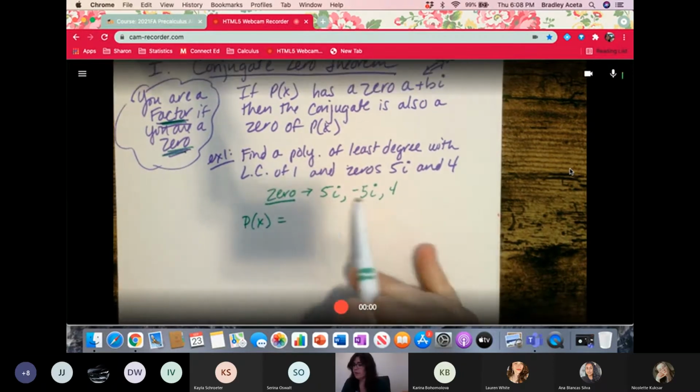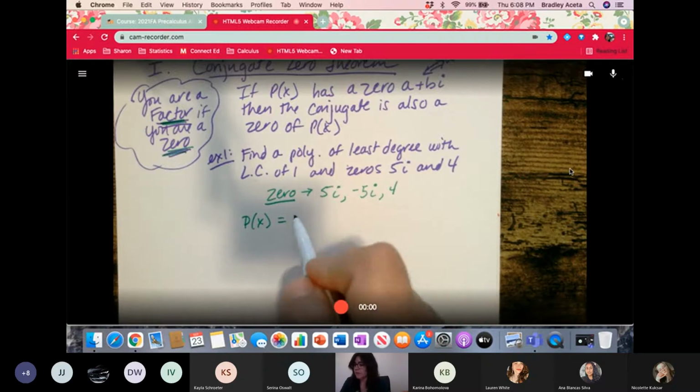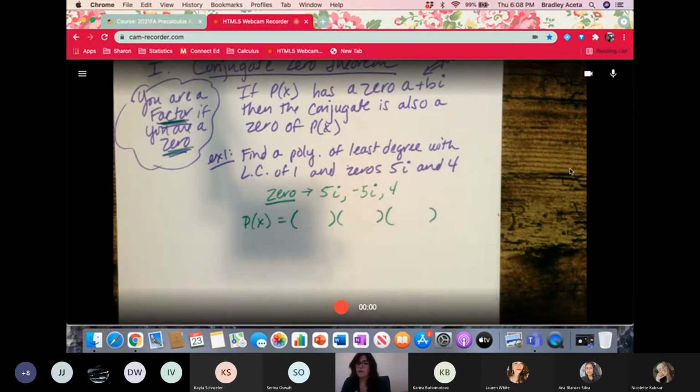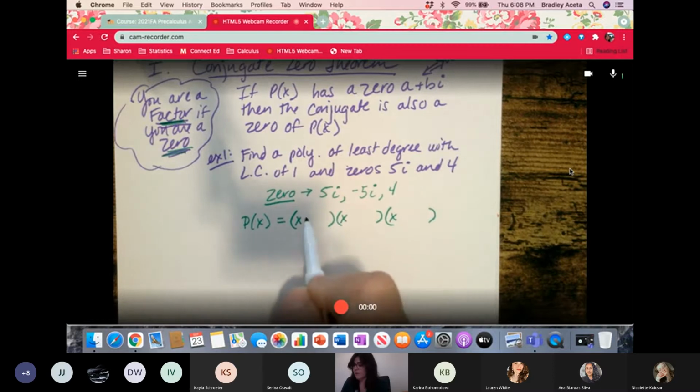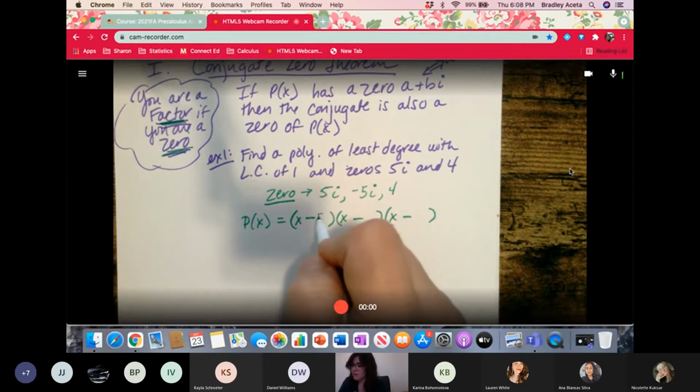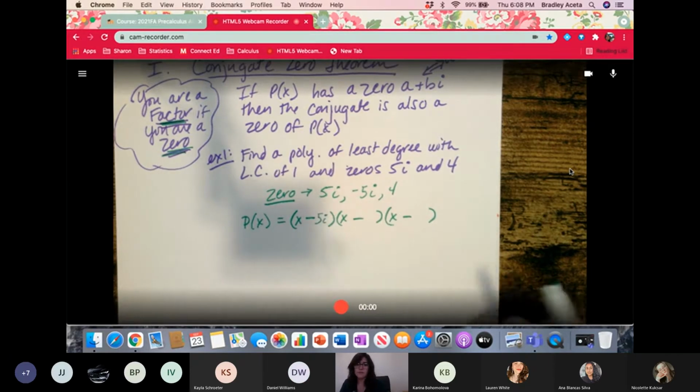So if I have 1, 2, 3 zeros, I'm going to put 1, 2, 3 parentheses. I'm going to put x, x, x in front. And then minus, minus, minus. Remember x minus k from when we did the remainder theorem last time? Well, what do you think goes right here and right here and right here? Your zeros. So you put your minus 5i here.